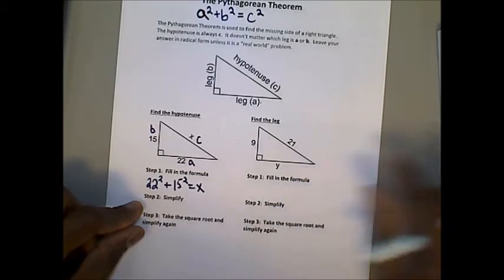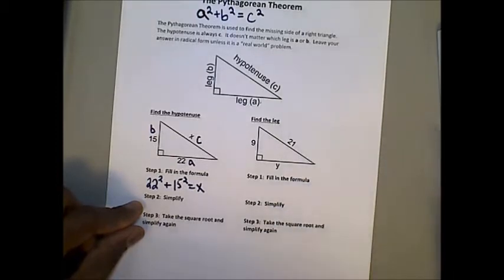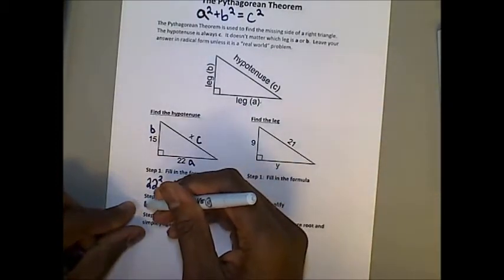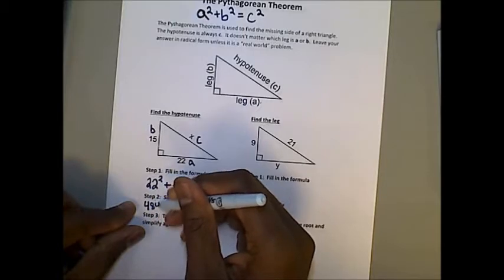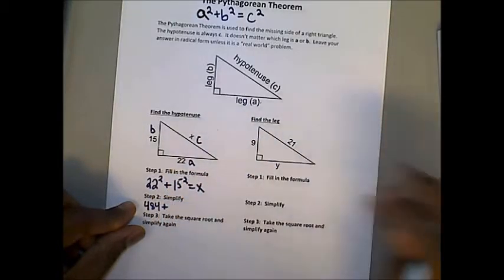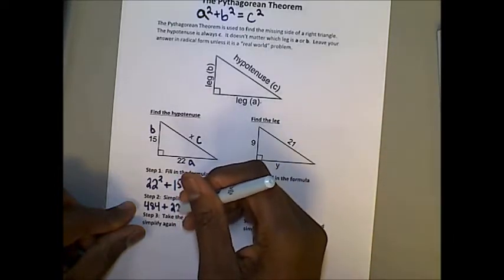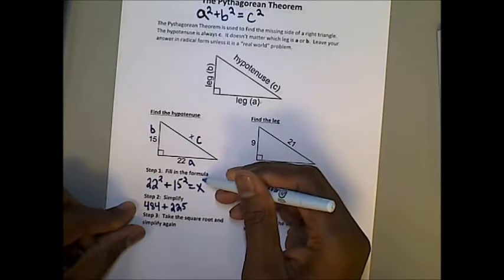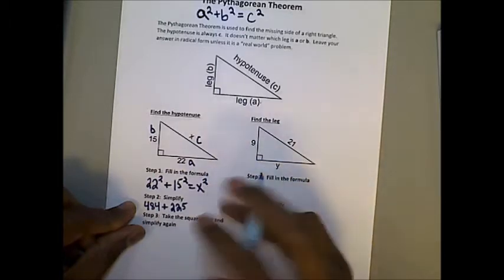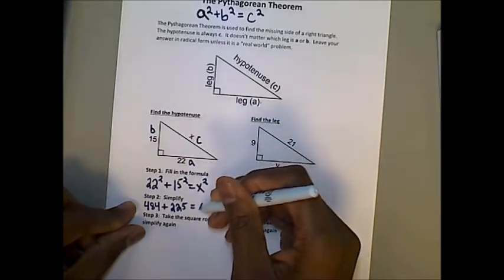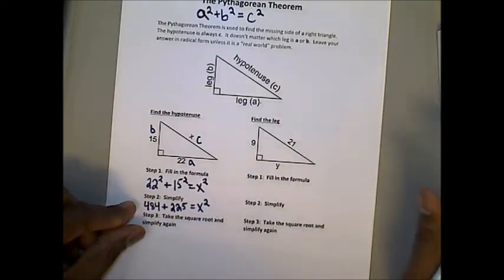So 22 squared is 484. So I will write 484 plus whatever 15 squared is, which is 225. Forgot to write the x squared there, is equal to x squared.